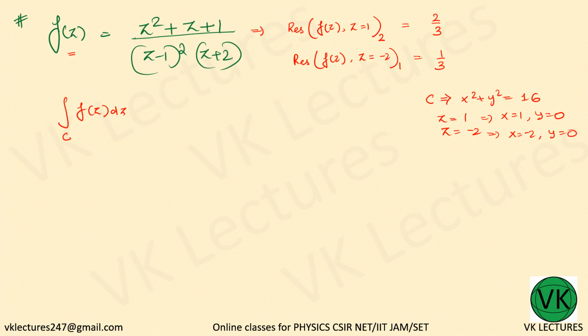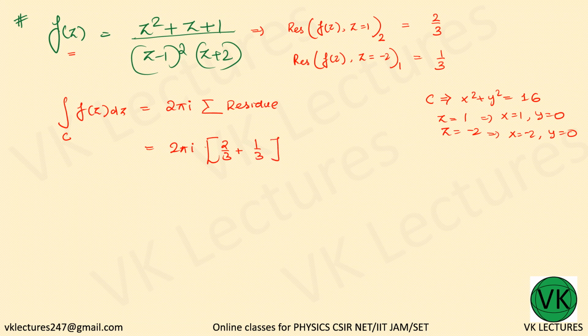So this integral is 2 pi I into the sum of residues. Residues means these are the residues. Okay, so that's equal to 2 pi I times 2 by 3, the first residue at z equal to 1, and 1 by 3 at z equal to minus 2.